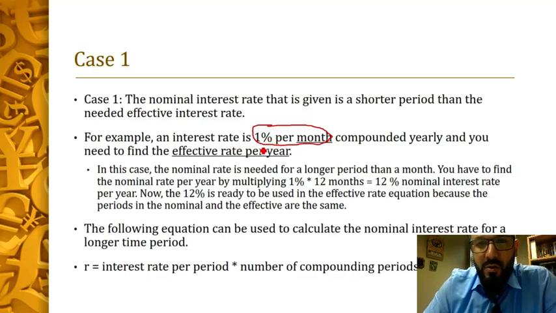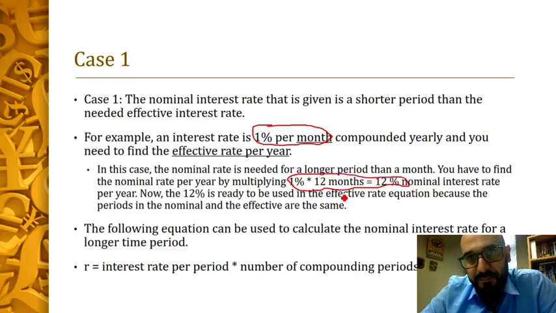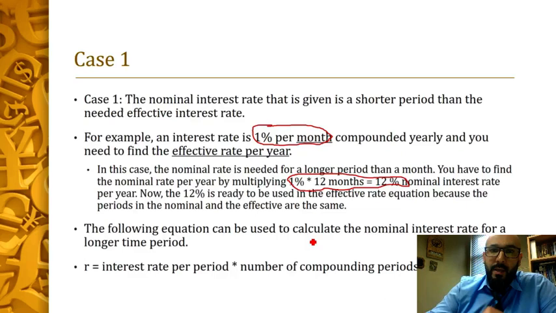So in order to find the effective interest rate for the year, you have to find the nominal interest rate for the year, and this could be calculated by 1% times 12 months. We have 12 months per year, so that would give you a 12% nominal interest rate. And now once you have the 12% nominal interest rate per year, you use this value to find the effective interest rate using the equation that we just discussed, equation 3.1.